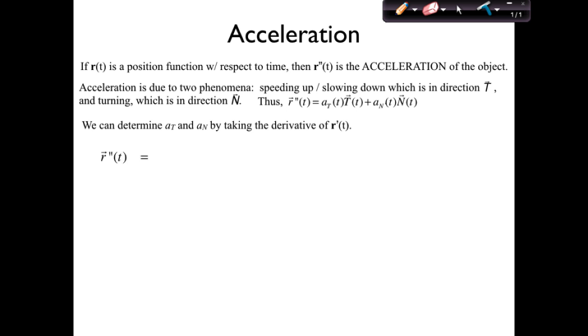So we know we're going to take the derivative of r prime, which is r double prime, which is the derivative of r prime of t dt, right? And I can write r prime of t as what? The speed times the unit tangent, right? Or the magnitude of r prime of t.